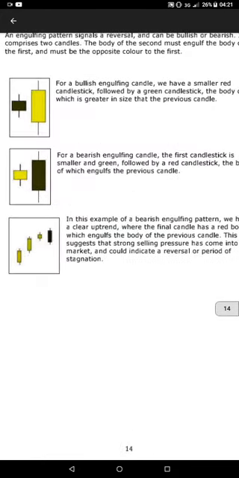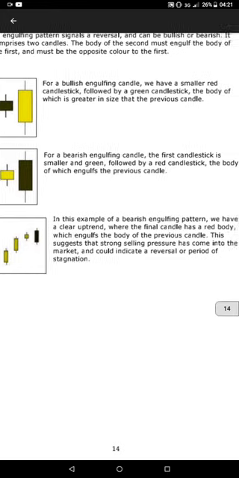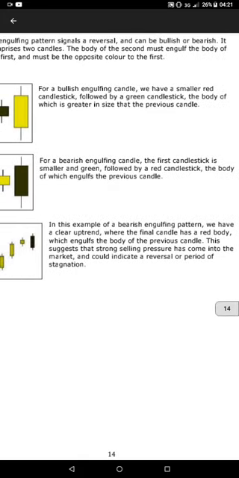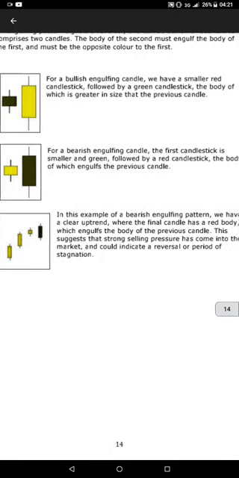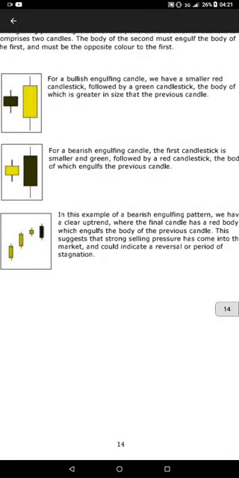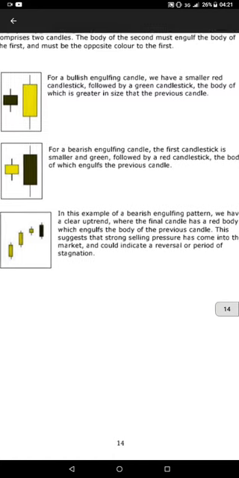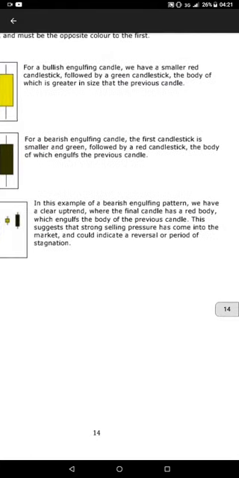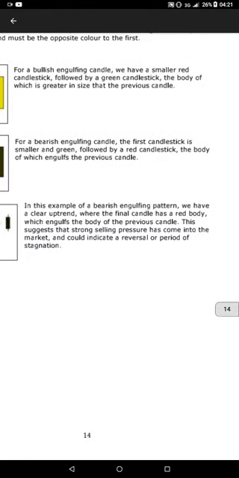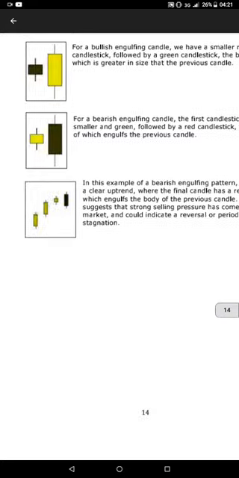In this example of a bearish engulfing pattern, we have a clear uptrend where the final candle has a red body which engulfs the body of the previous candle. This suggests that strong selling pressure has come into the market and could indicate a reversal or a period of stagnation.